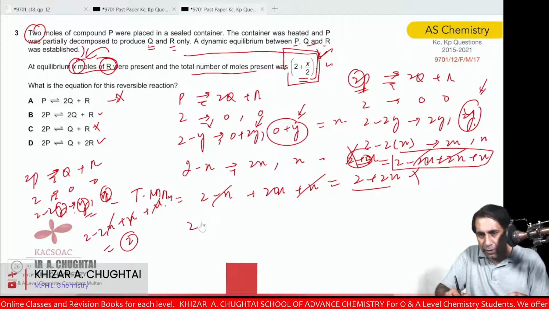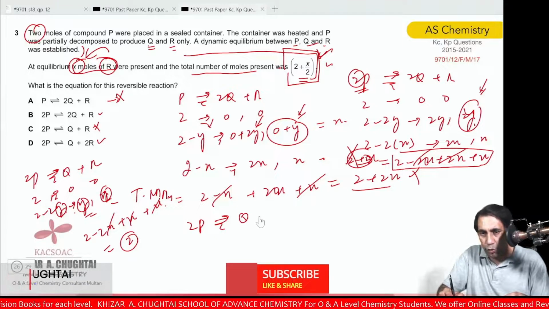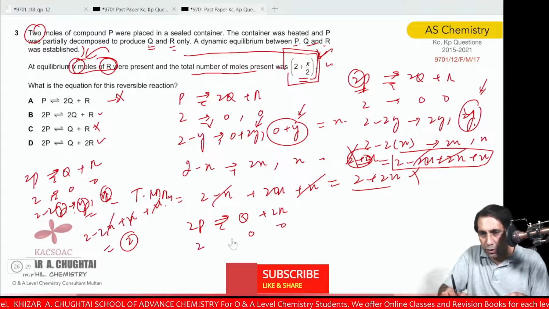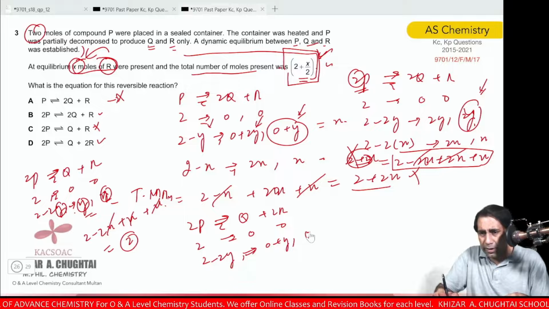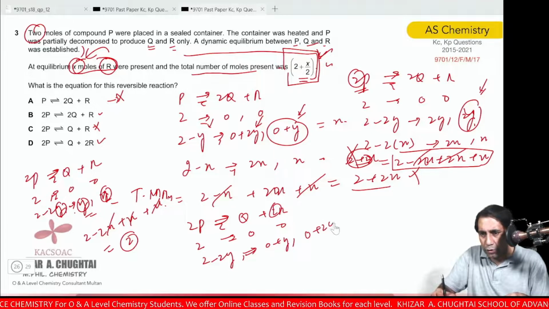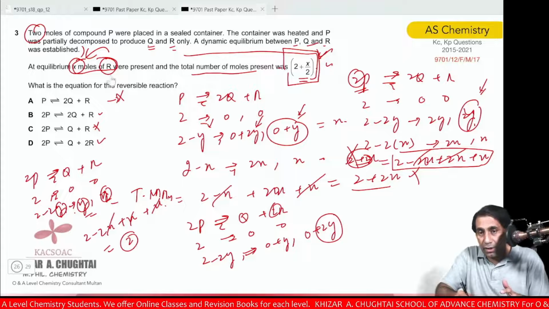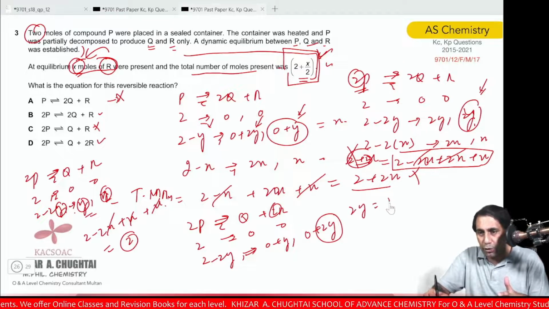I'm going to write 2P goes to Q plus 2R. 2 moles initially, 0 mole, 0 mole. 2 minus 2y goes to 0 plus y, and this time 0 plus 2y. Now, in this case, the amount of R is equal to x mole. So 2y is equal to x and y is equal to x by 2.